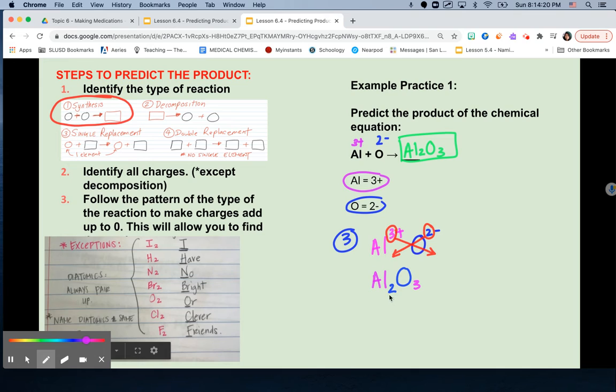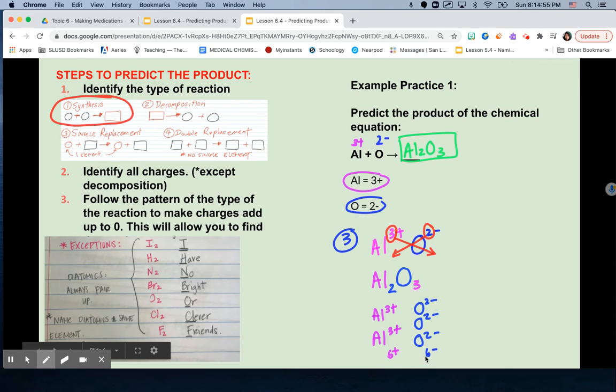And if I double check to see if this works, right? Let's double check that real quick. Here I have 2 Als, each with a charge of 3 plus. Here I have 3 O's, each with a charge of 2 minus. All right, so notice that if I add all of this up, it's going to add up to a charge of 6 plus. 2 plus 2 plus 2 is going to be 6 minus for my charge.